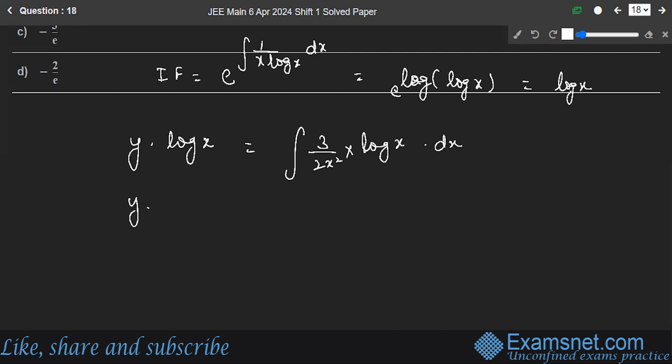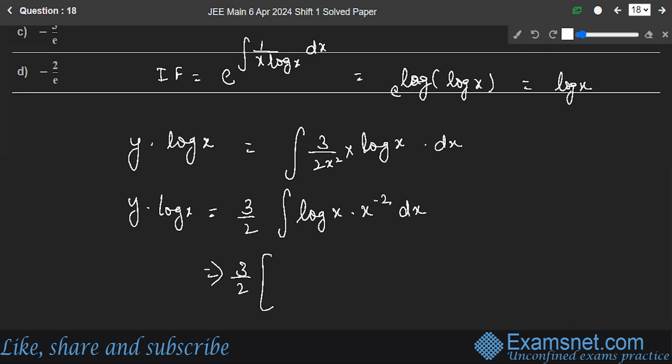So y into log of x, let's take 3 by 2 outside, and this can be written as log of x into this. So let's use integration by parts. 3 by 2, this will be given by first function into integral of second, minus integral of derivative of first. So this is 1 by x, right?